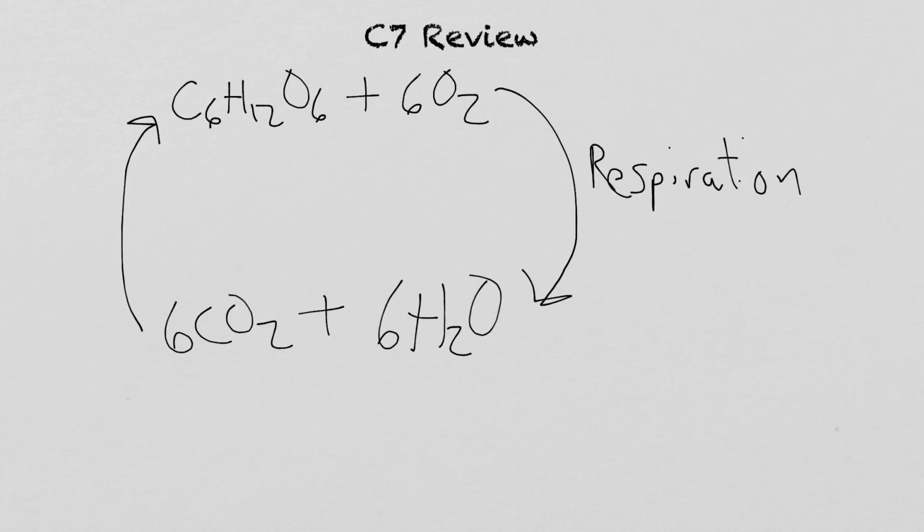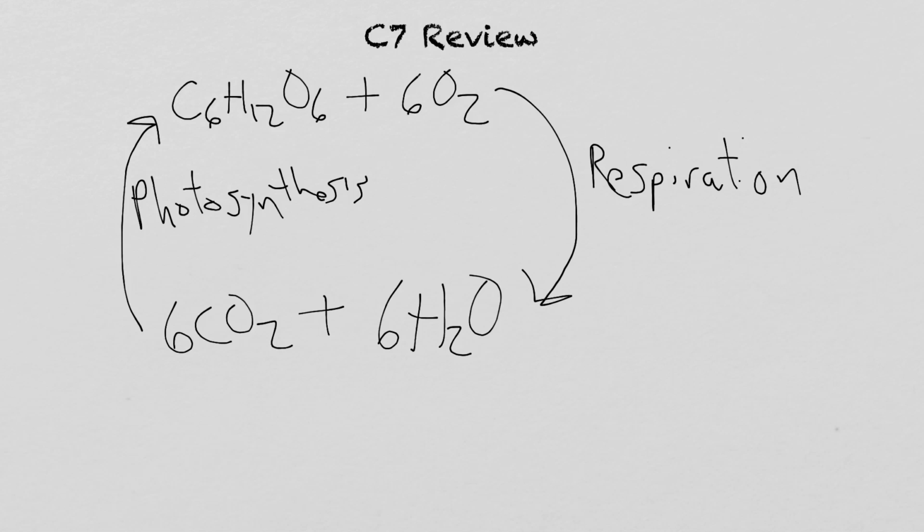And if we have the arrow going from the carbon dioxide and water to the sugar and the oxygen, now we're going to call that photosynthesis. You should have this down by now, but if you don't, make sure that you pay attention to that and understand that.